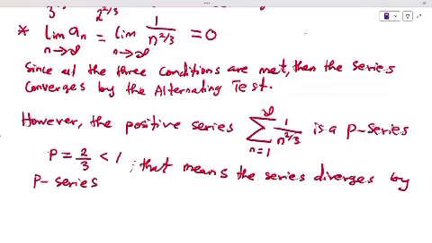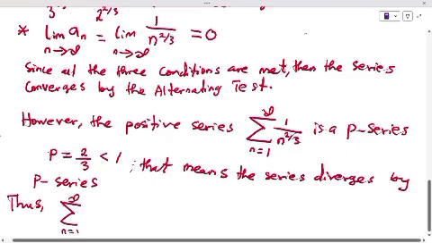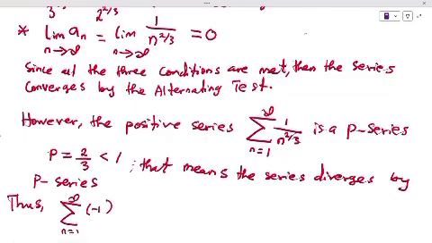So thus, the infinite series, the sum from n equals 1 of negative 1 to the power of n minus 1 over n to the power of 2 over 3, converges conditionally.